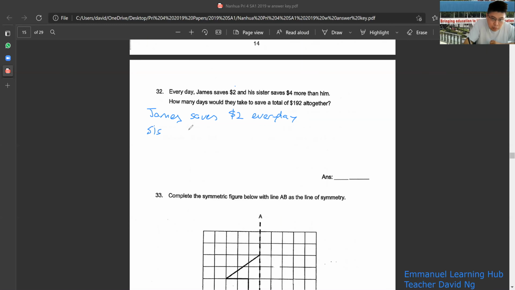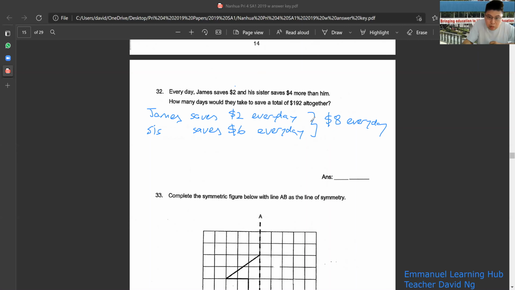It means the sister also saved $2, but $4 more than him. So which is how many? $8 for both. Okay, I know what you mean. So both are $8 every day.